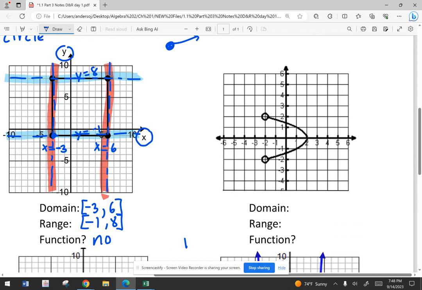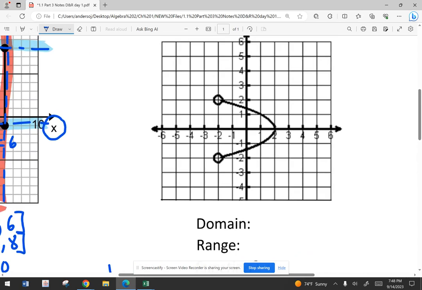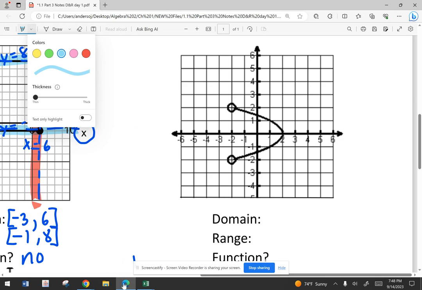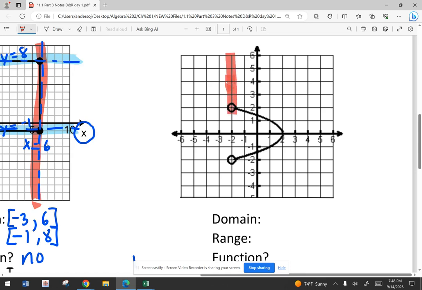All right, so let's get into some different ones. Here we see this graph. Right away, you can see that it starts with an open circle. So when I look from the left to the right, the left to the right is going from -2 all the way to +2.